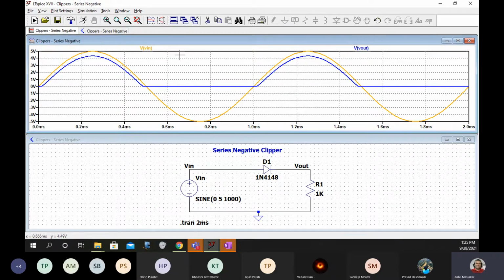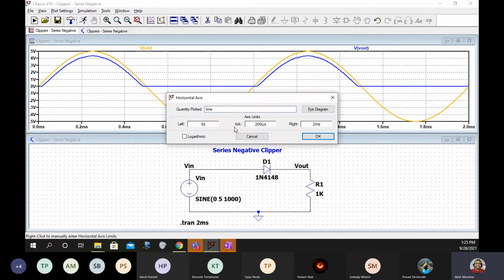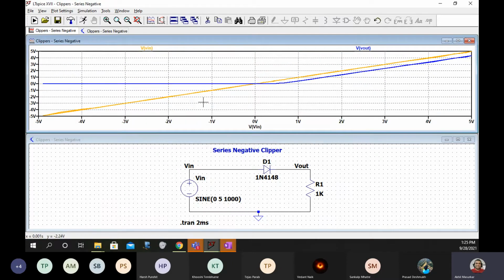But now we want to see V out with respect to V in, one with respect to another. And of course you can plot any waveform with respect to itself. Here I will write V of V in. I'll change the axis of time to V of V in, say OK, and I will get this graph. Is it clear? Yes, sir.